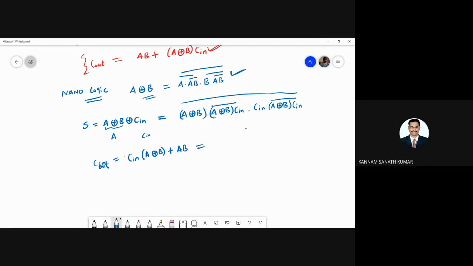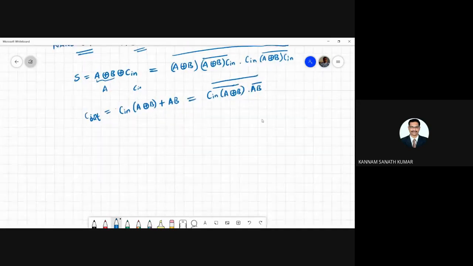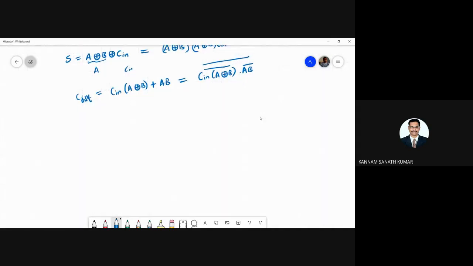This you can write as Cin into A XOR B into AB, with bar and whole bar. If you apply De Morgan's law, you will get the same expression. I'm using this one.